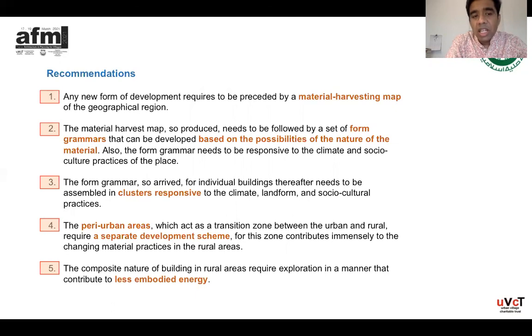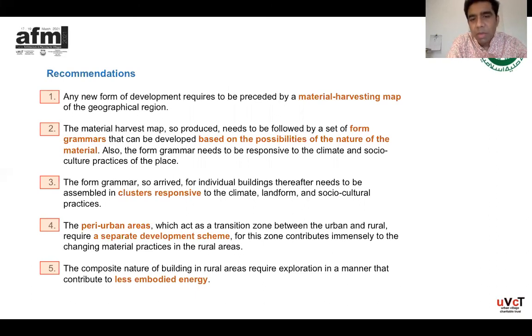The peri-urban areas, now this is a very important component that needs to be addressed, as the peri-urban areas, which act as a transition zone between the urban and the rural, require a separate development scheme. For this zone contributes immensely to the changing material practice in the rural areas.